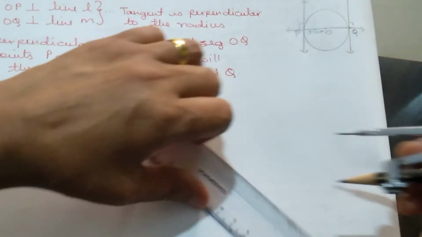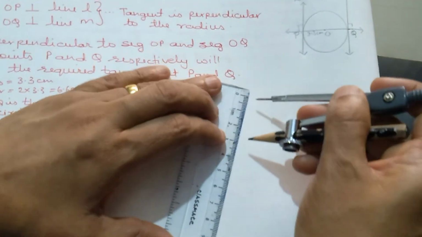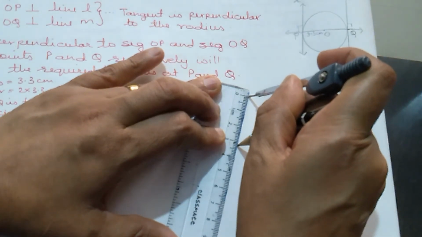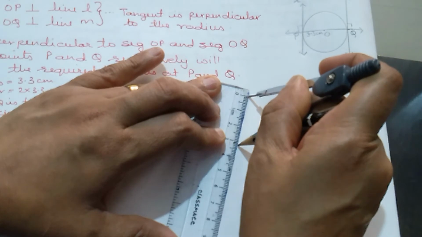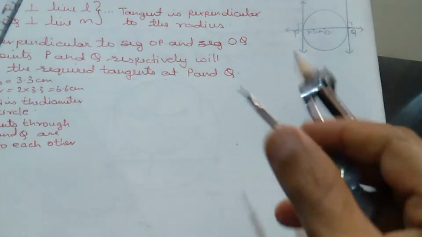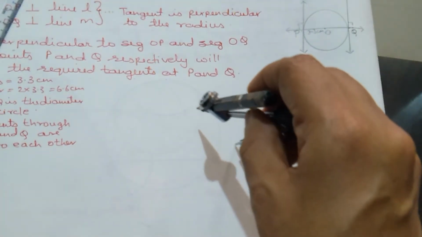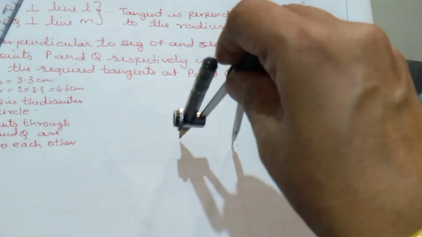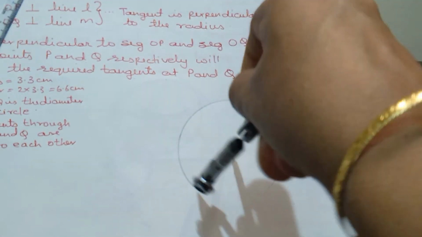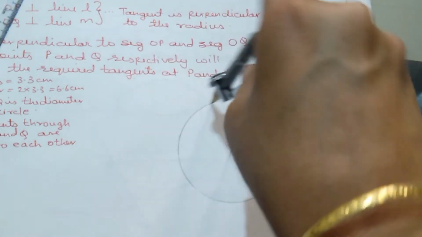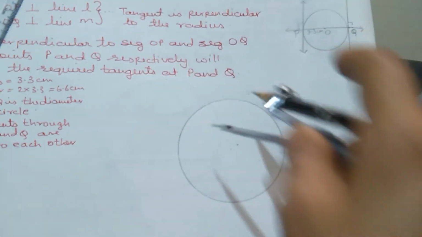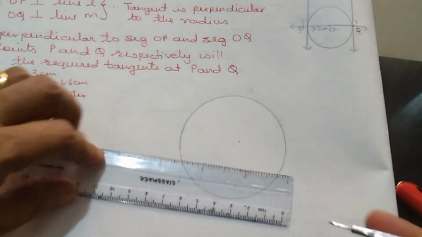Now this is same like the first sum, but you have to draw two tangents, that's all. So this is a circle of radius 3.3 centimeter.